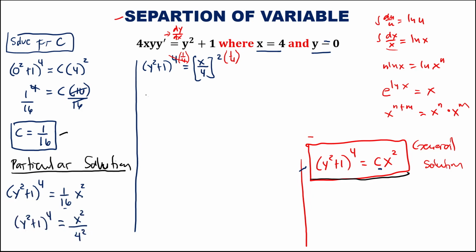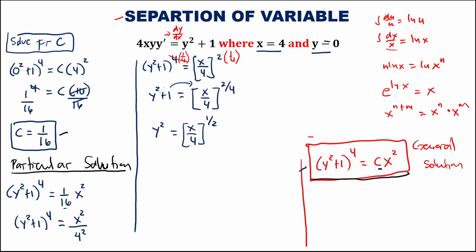So the remaining on the left side, we have now y² + 1 equals, so this becomes x over 4. Now take note, this is equal to 2 over 4. Then we can reduce, so we have y², transpose this to the other side, equals x over 4, then this 2 over 4 is equal to 1 half.